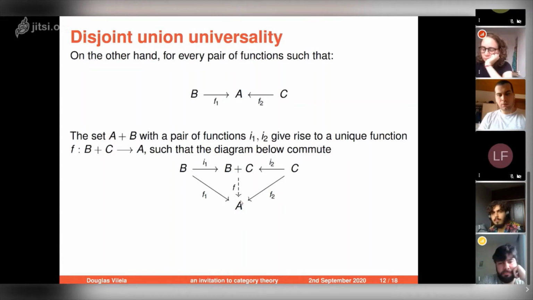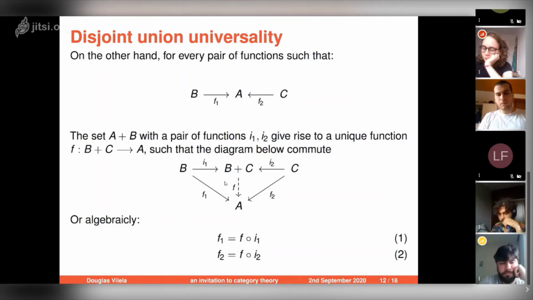So it's just saying what this diagram means.